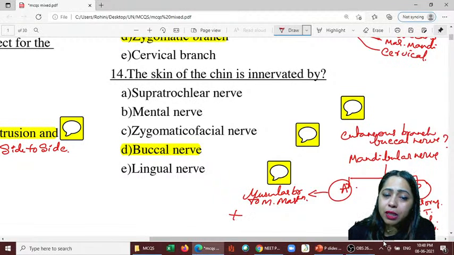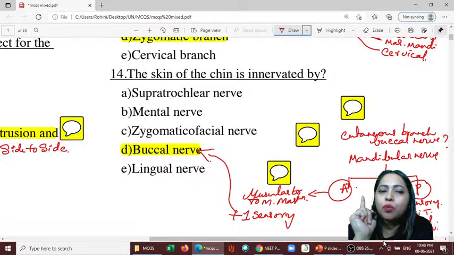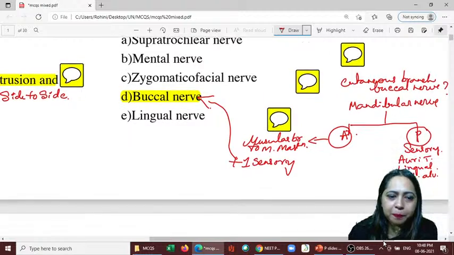Plus, it has one sensory, that is this nerve, buccal nerve. That is what supplies the cheek. Let's move to the next question, shall we?